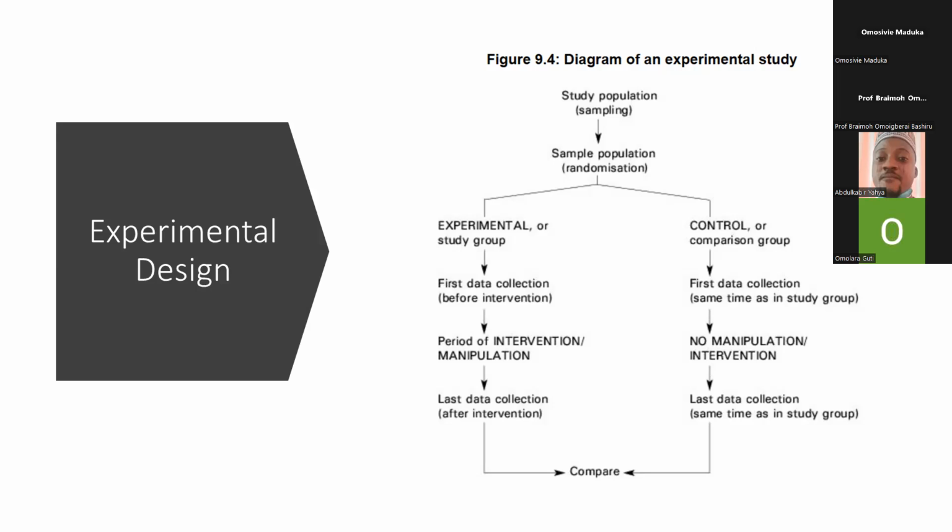So when you do that, what happens is that your intervention group, experimental group, and your control group, they will both have measurements at baseline. They will both have data collected at baseline before the intervention is introduced.